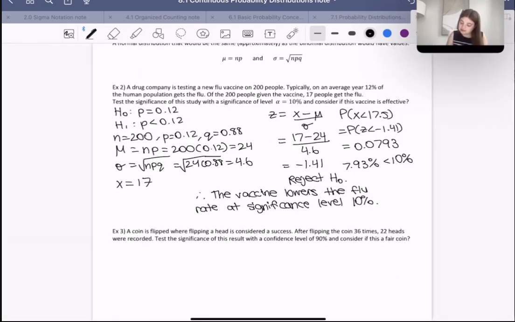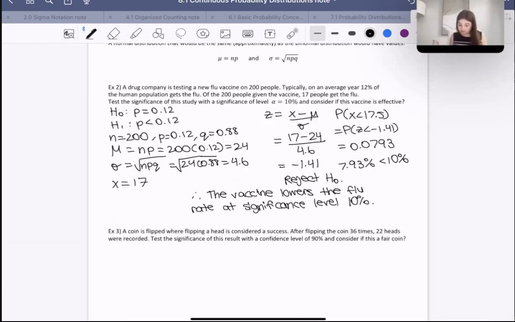So if that's the confidence level we want to have, then this vaccine is good enough. There was enough evidence here, enough of a difference between the number 17 and the number 24 to suggest to us that the vaccine does help out.